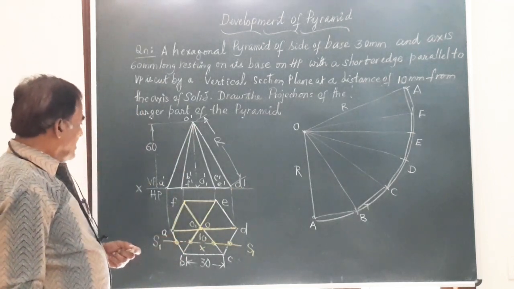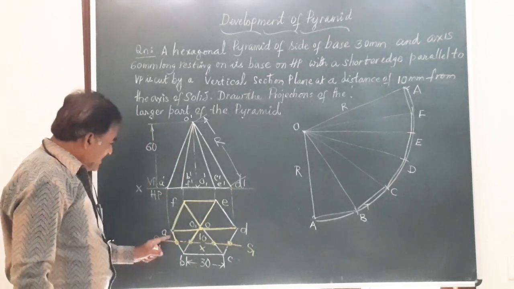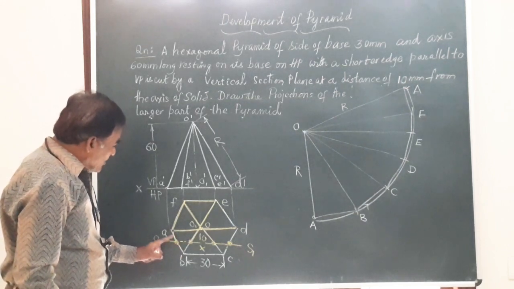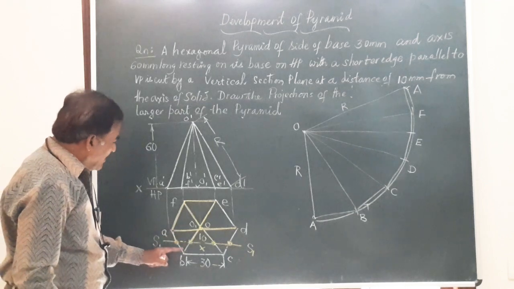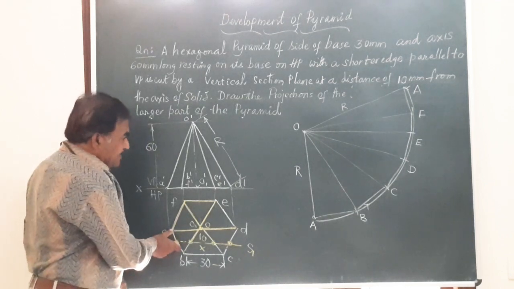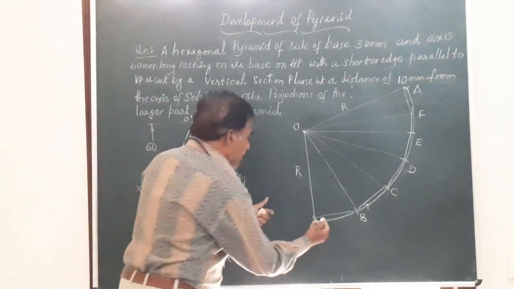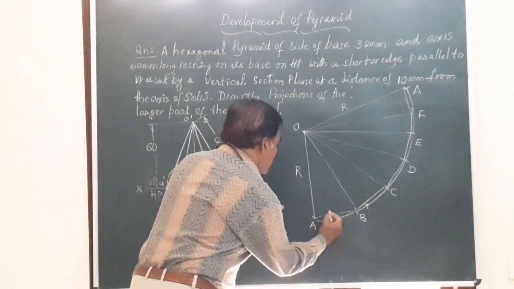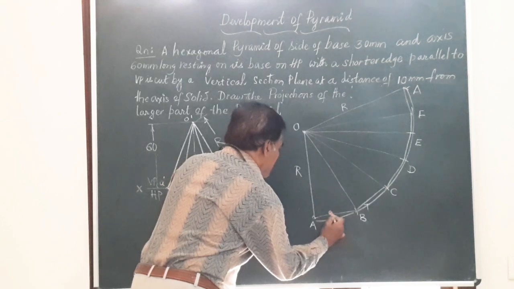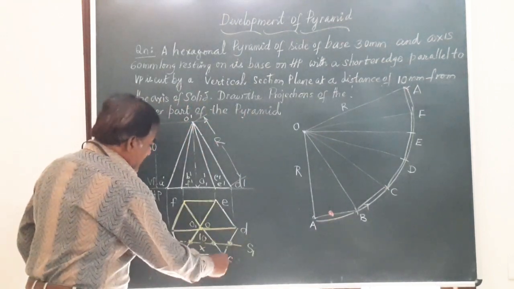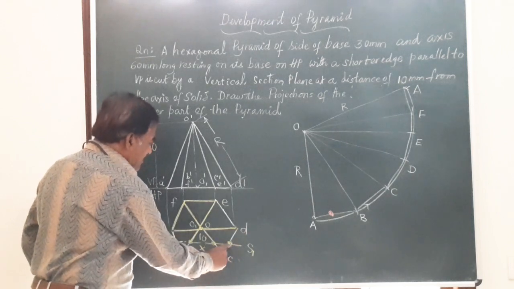Now friends, let us start from the base edge. The section plane is cutting the base edge AB at this point. So you can take the distance from A or from B. Say from A, at this distance it is being cut on AB from A. So this is one point. Similarly, it is cutting CD of the base edge at this point.